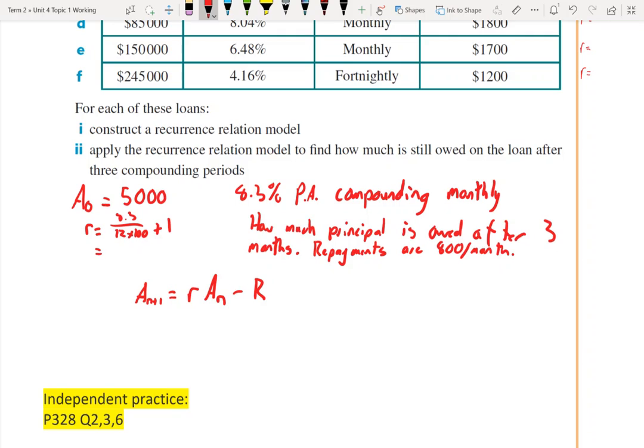Once you plus 1, 1.0. That's not right. Sorry, I appear to have made a mistake in my calculator. Let me just try this again. 8.3 divided by 12 times 100.